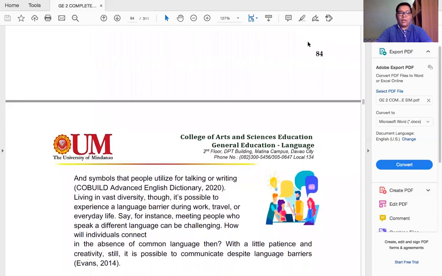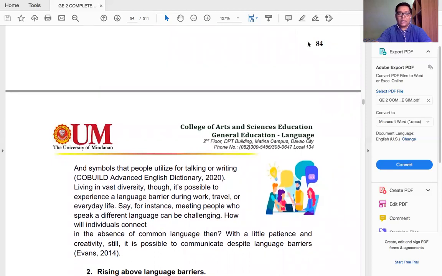Since there is this language barrier which hinders you from communicating effectively, the message is not channeled effectively towards the second party of the communicative process.